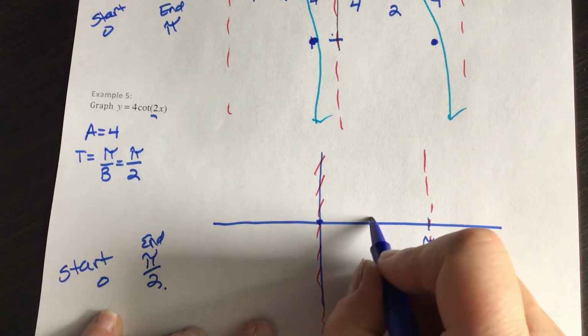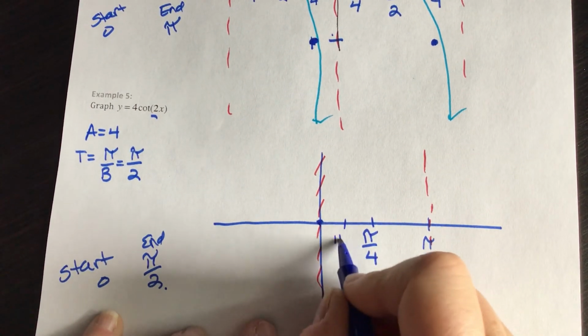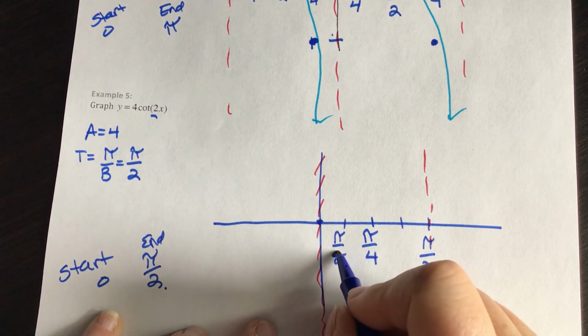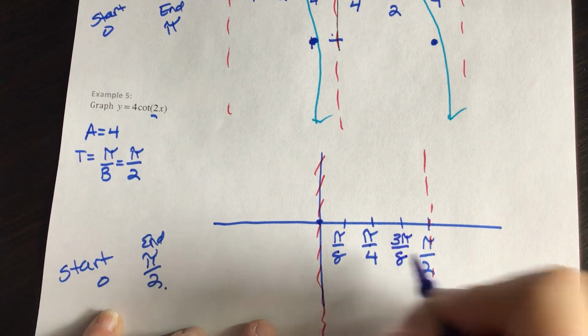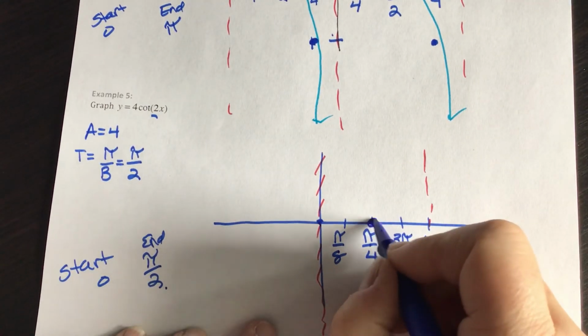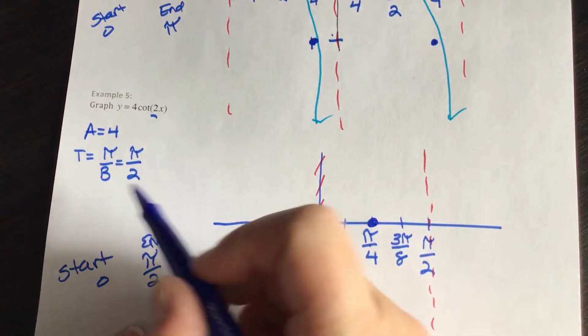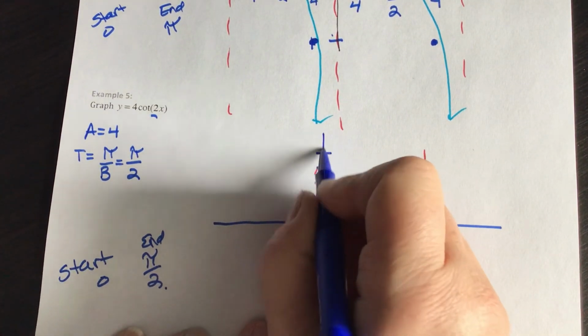Halfway between 0 and pi over 2 is pi over 4. And then I have a pi over 8. And this is 1 pi over 8, 2 pi over 8, 3 pi over 8. At pi over 4, I'll have a value of 0. At pi over 8, what's my altitude? It's 4. 1, 2, 3, 4.